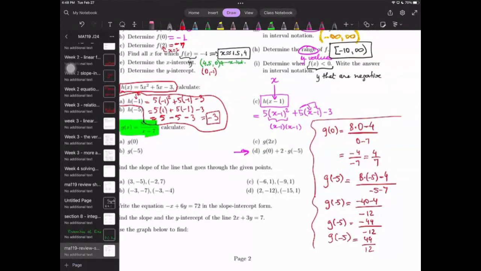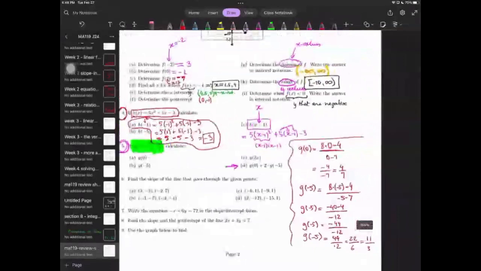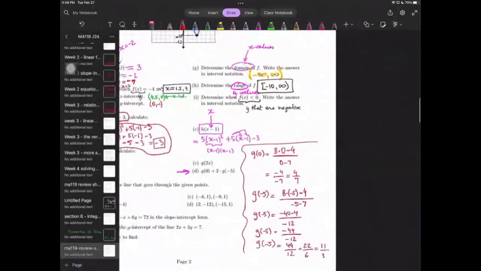Okay, so it's not going to be an even division. So 44 divided by 2 is 22, 12 divided by 2 is 6, and now divide one more time by 2, it's 11 over 3. Why did I do these two parts? This is not really the answer that I'm looking for, but I need that to calculate the answer.